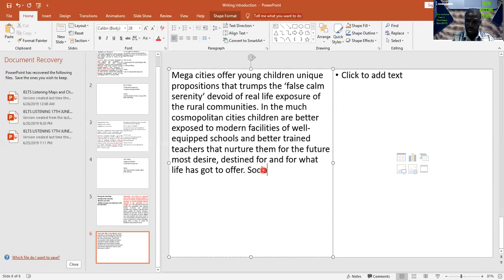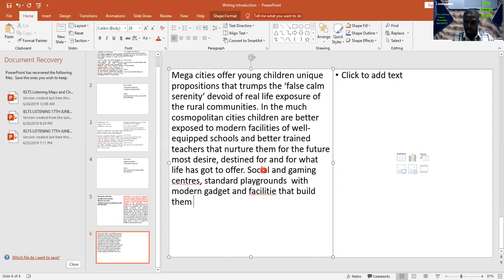Social centers, social and gaming centers, standard playgrounds with modern gadgets and facilities that build them up emotionally and mentally.